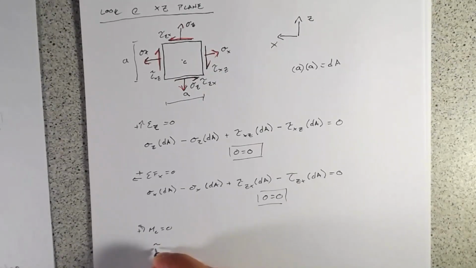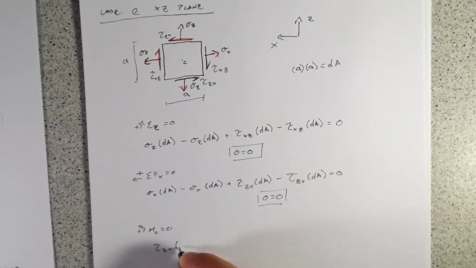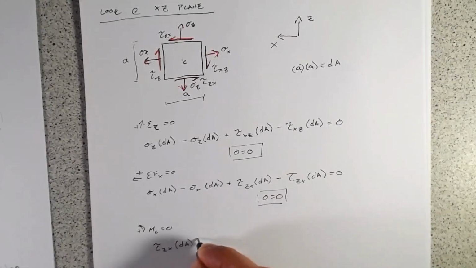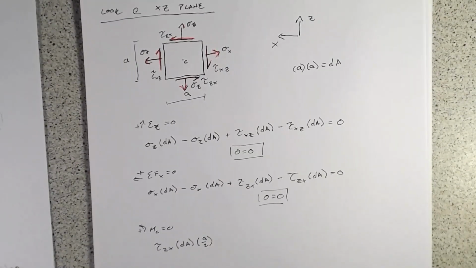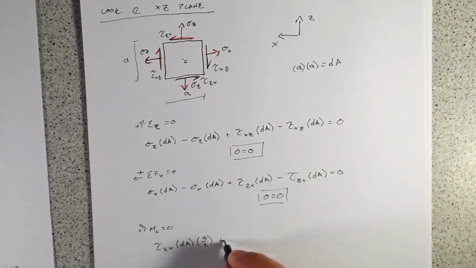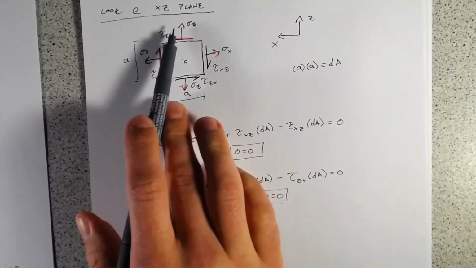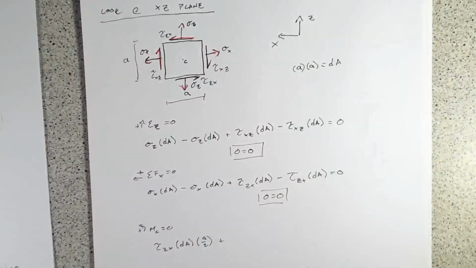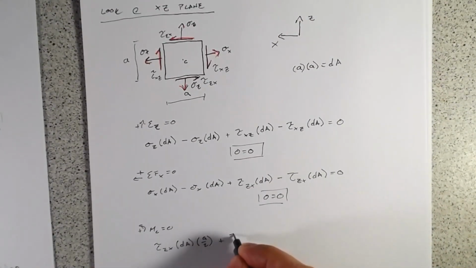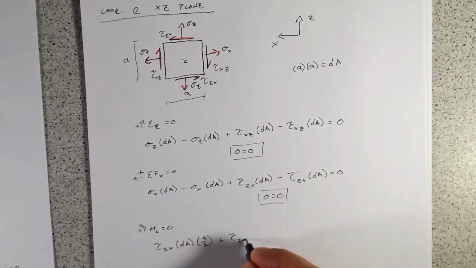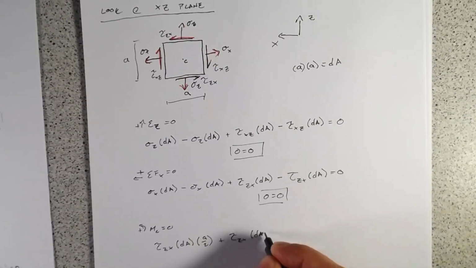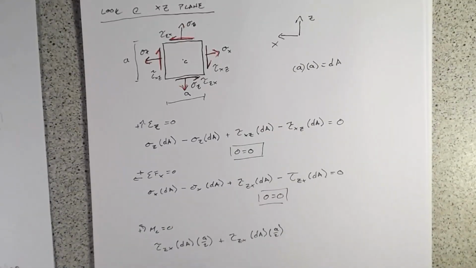So you'd have tau zx times dA times the distance a over 2 from the center. And then we've got another one coming, again same direction, so we've got the right-hand rule. So here, anti-clockwise is going to be positive, so plus tau zx dA times a over 2.